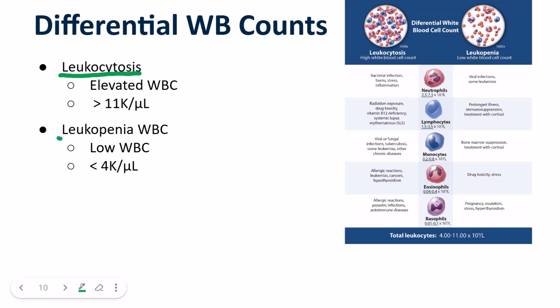And then there's leukopenia, and that is when white blood cell count is very low, on the order of magnitude of below 4,000 cells per microliter. And you can apply this to any particular white blood cell. So you can have neutrocytosis, neutropenia, monocytosis, monopenia, eosinocytosis, eosinopenia, basocytosis, basopenia, depending on the individual white blood cell.